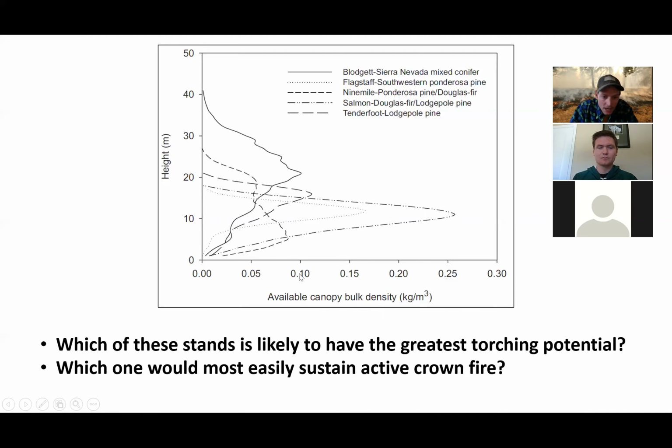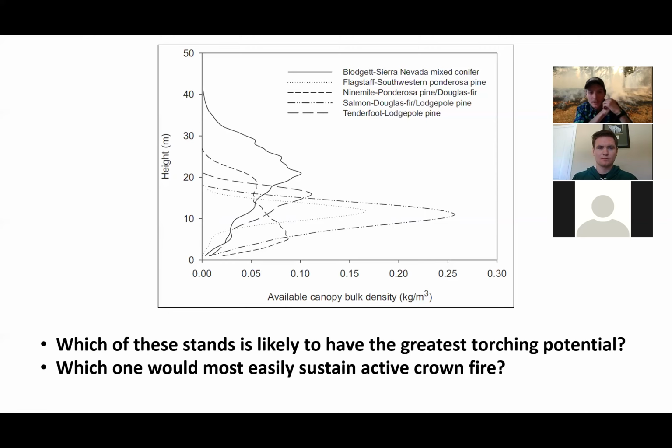For the torching, what you said, you thought maybe Tenderfoot. Yeah, the solid line, maybe, but definitely the dashed line. So why do you pick those? Because it's a lower canopy bulk density. So for torching, really the only variables in our torching equation are the moisture content, which we'll assume is the same in all these, and then the crown base height.